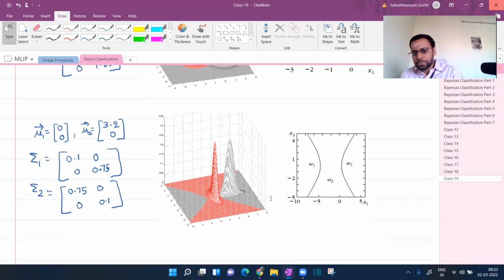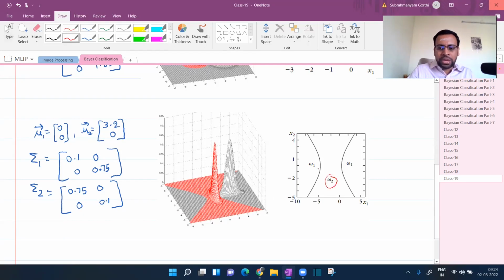I feel there is some small mistake in the iso curves graph. That is again, I picked it from the textbook. Can anyone make a guess on what could be wrong with that value? I feel this should be omega 1 here, and this should be omega 2 here, and similarly this should be omega 2.